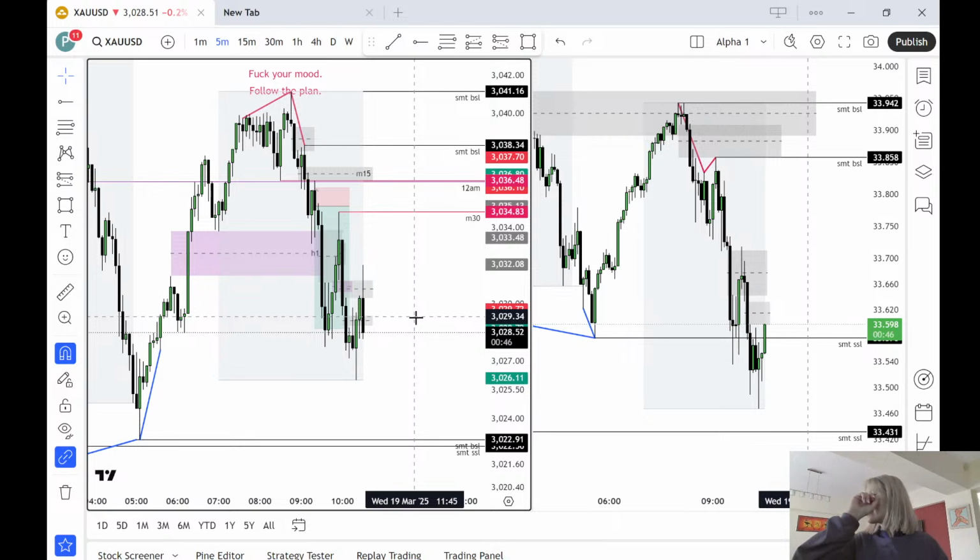But after this, it's going to start to pull back. And if you don't have your psychology on point, and especially if you don't know exactly why you entered the trade, and you just hope that the trade will go in your favor, but you wouldn't know exactly why, it's important to make a list of the reasons why you entered the trade and just replicate that same thing on future setups.